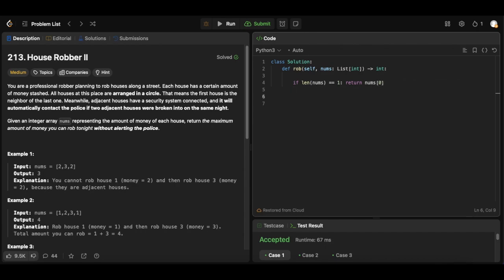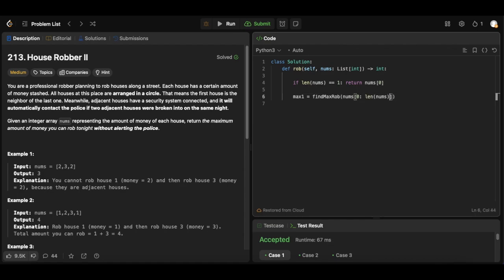Now what we said we're going to do is basically run the algorithm from house robber 1 twice, and each time we're going to get a different value. The first time we want to run the algorithm, which we're going to call findMaxRob, and we'll define this function later. And we want to run it by taking our array, starting from index 0, and going to our second to last position in our array.